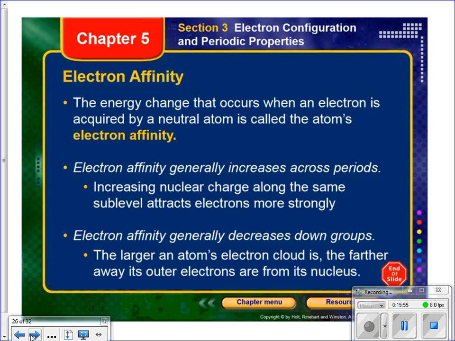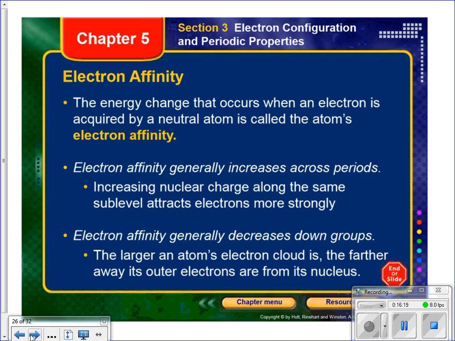All right, electron affinity. So this is how we calculate an energy change when an electron is gained by an atom. So now instead of talking about losing electrons, we're talking about gaining electrons. So it increases as we go from left to right.